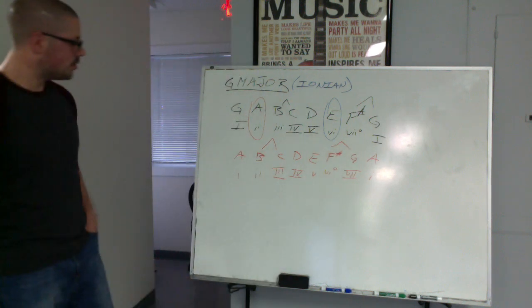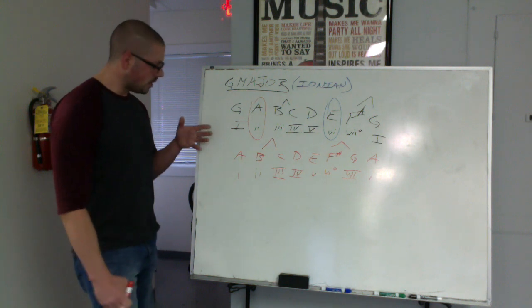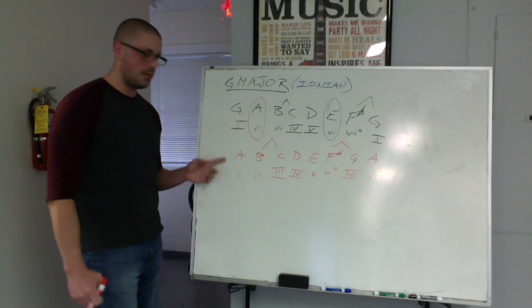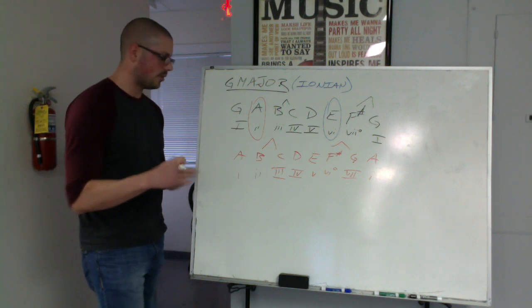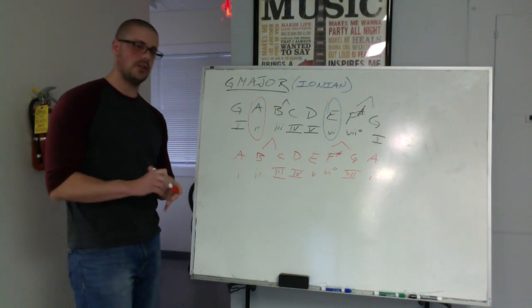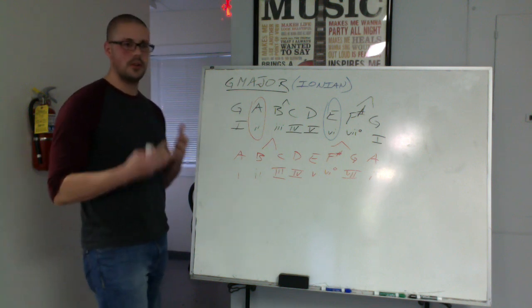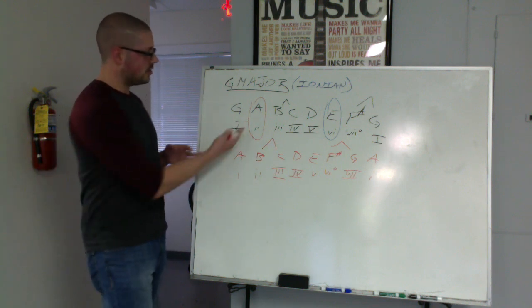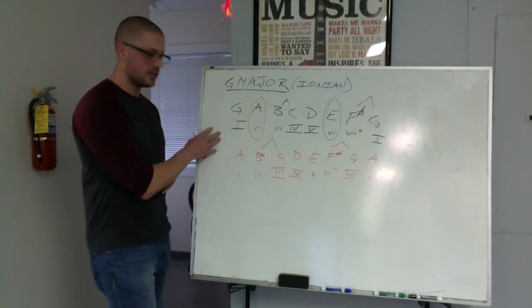Alright? So again, I'm doing the same chords as the key of G, but I'm just starting on my A minor chord now. So let's say I want to have a darker sound than G major, and I don't want to start my song on a G major chord, I want to start on a minor chord. Well, this is just a different flavor of minor that you can get out of the G major scale.